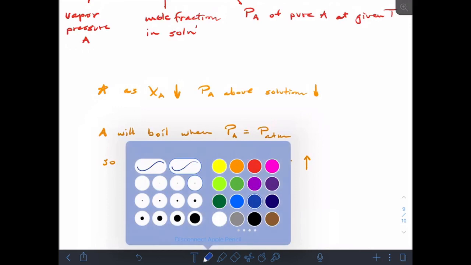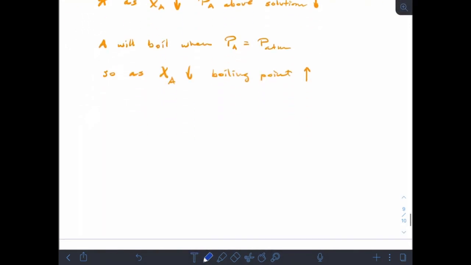Okay, so for example, if I have a liquid mixture of hexane and pentane. Okay, two nonpolar molecules.